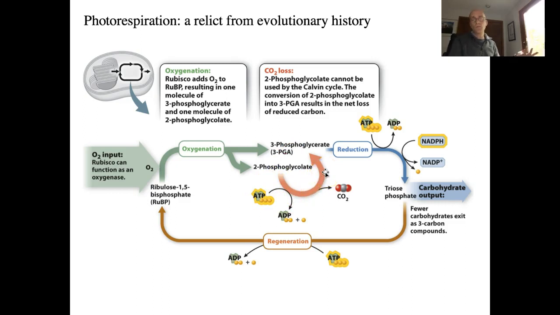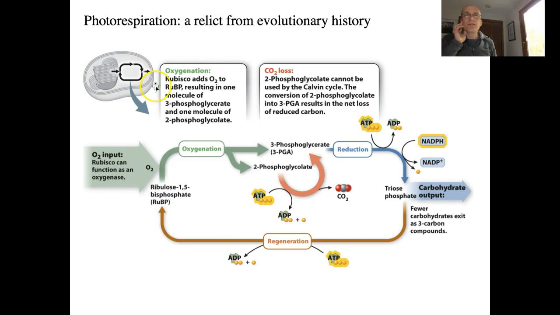If you're a plant, you try to fix as much carbon as you can, but suddenly an oxygen comes and destroys your molecule. Now you're splitting it into half, not quite half. You're using some of it, and the rest you have to muddle around with to make sure the rest at least can be used, and you can regenerate an acceptor molecule so that you can hopefully incorporate the correct molecule next time through the Calvin cycle.